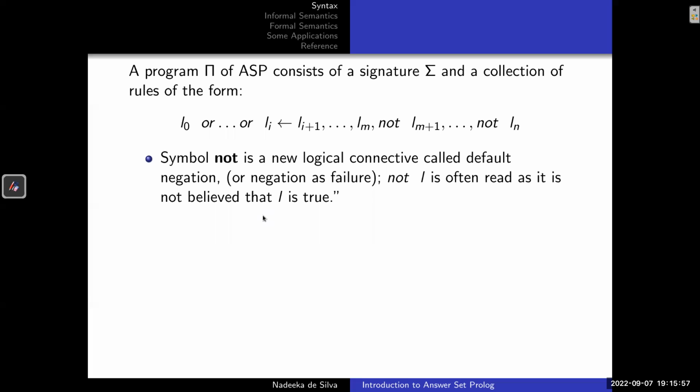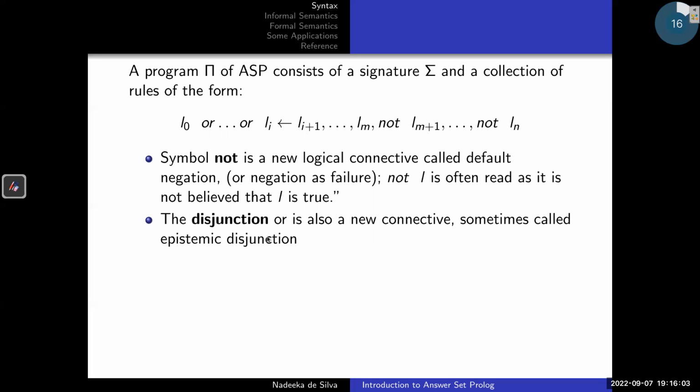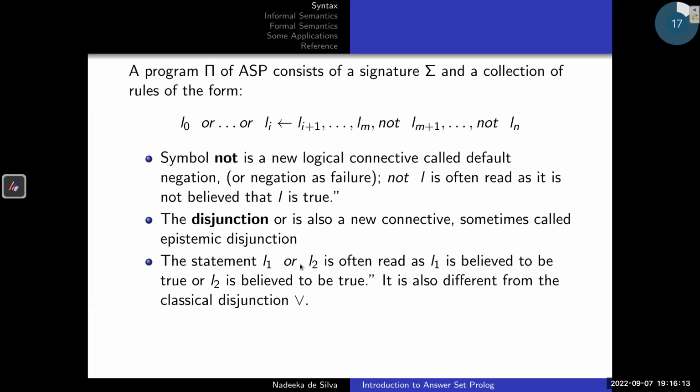Here disjunction or is also a new connective, sometimes called optimistic disjunction. So this is read as L1 is believed to be true or L2 is believed to be true. It's different from the classical disjunction.